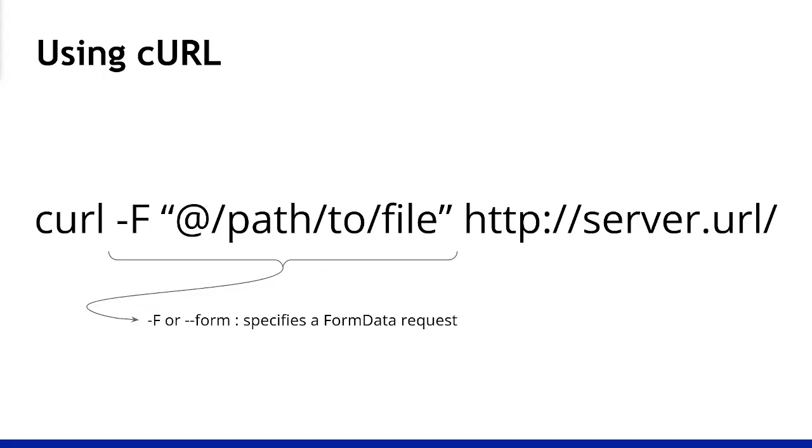Another important one is the -F option. Essentially, this will mimic something called a form data object. It pretends that the data you specify was placed in an HTML form.